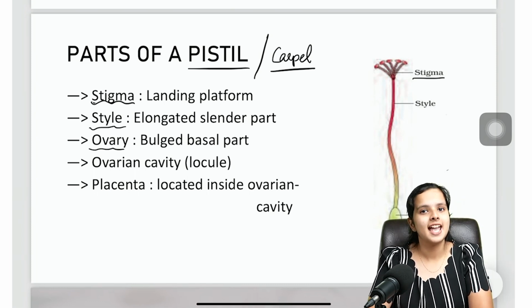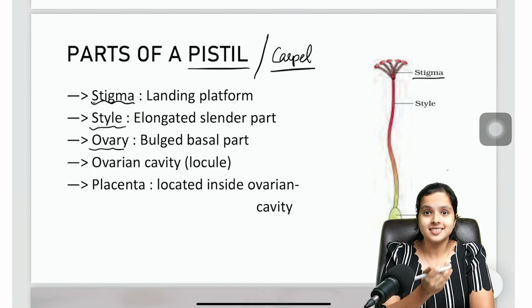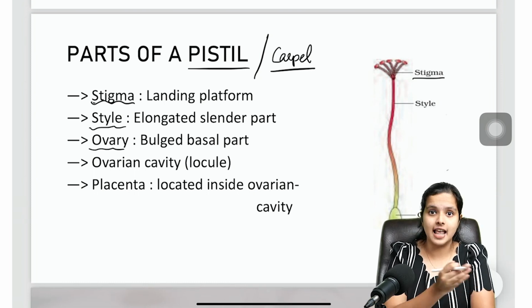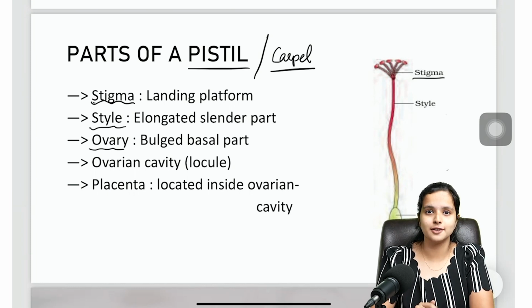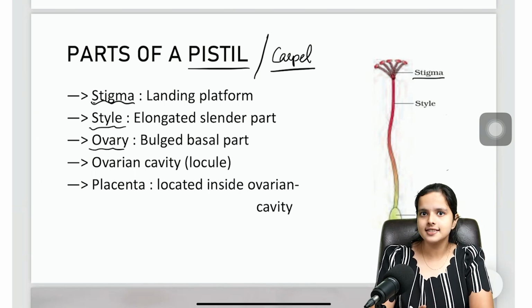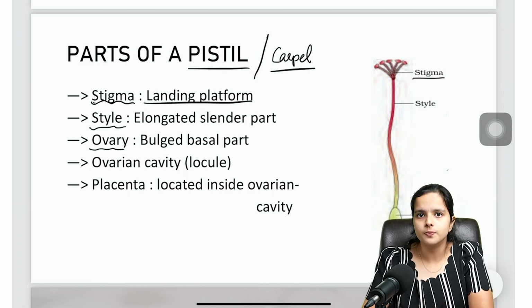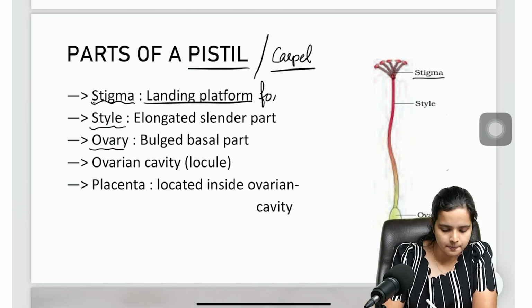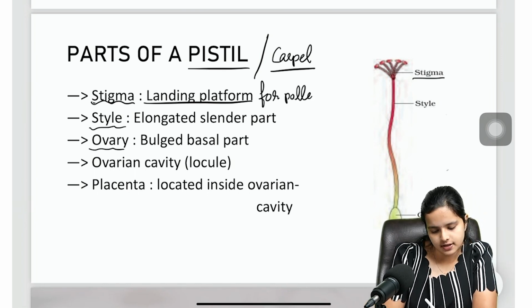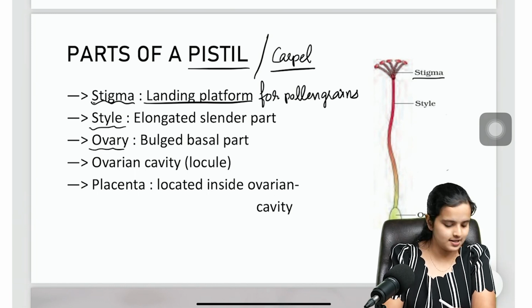Similarly, as a helicopter needs a helipad, a pollen grain needs some landing surface, and this landing surface is called the stigma. So what is stigma? Simply, it's a landing platform for pollen grains. Okay, so that's what stigma is.